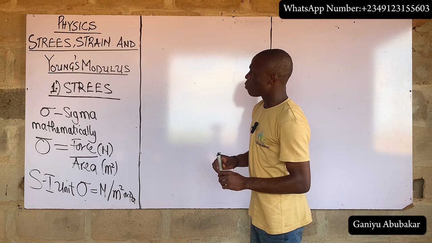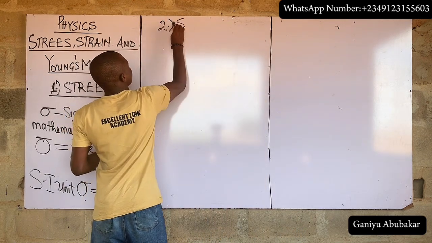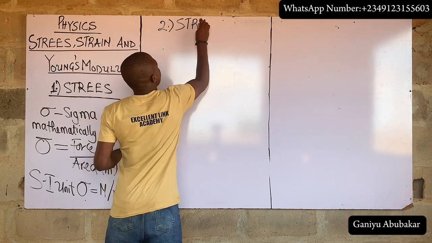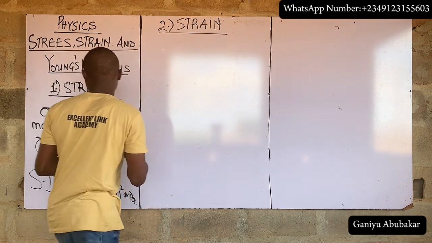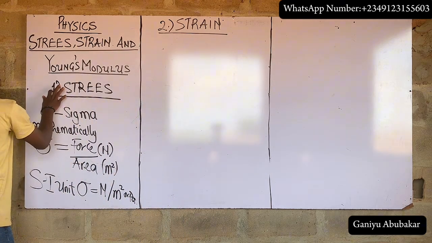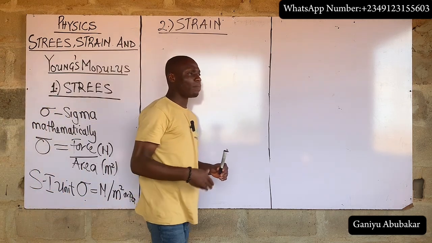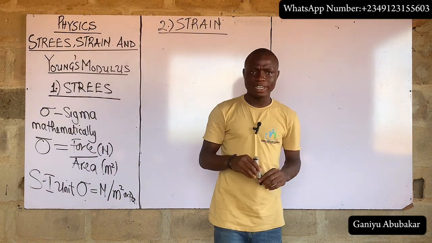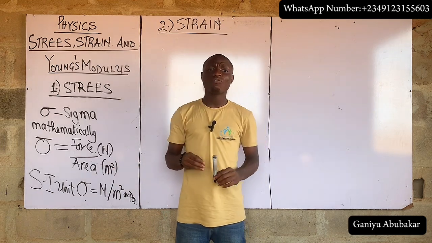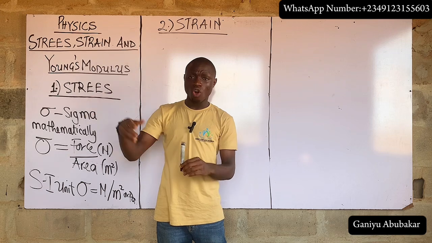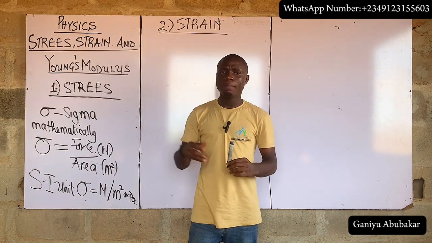Let's look at the second concept called strain. By definition, let's look at its definition and its mathematical representation. What's strain by definition? Strain can be defined as the ratio of elongation or deformation to its original length of a material.